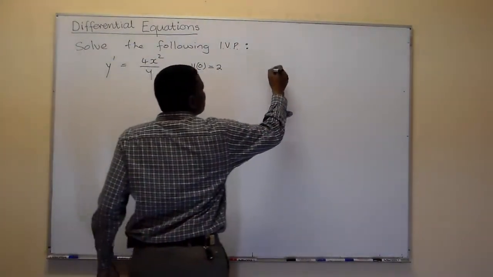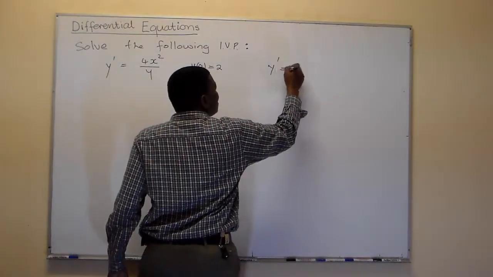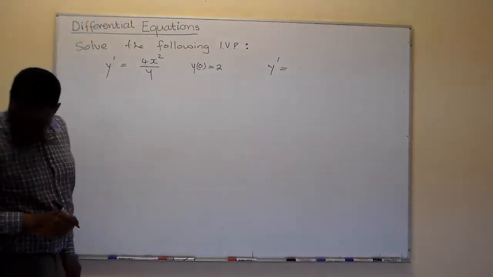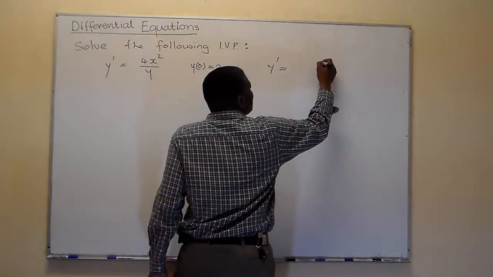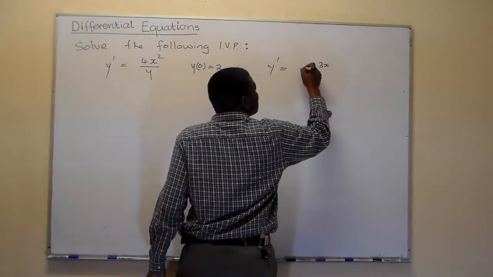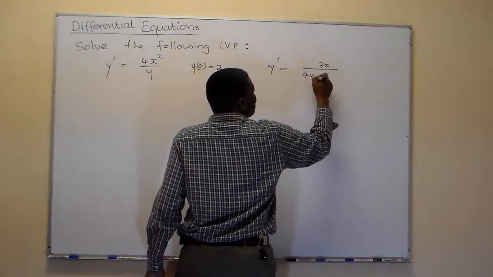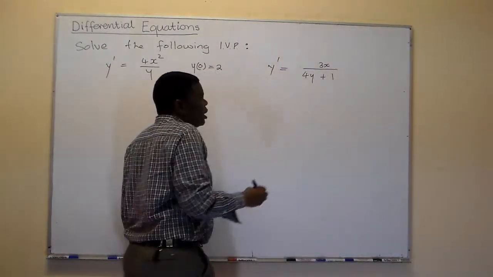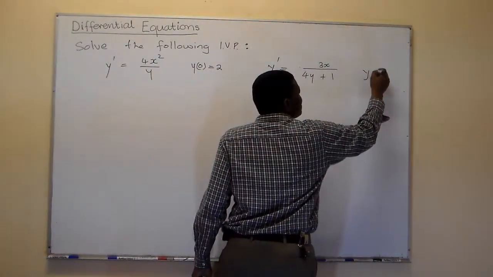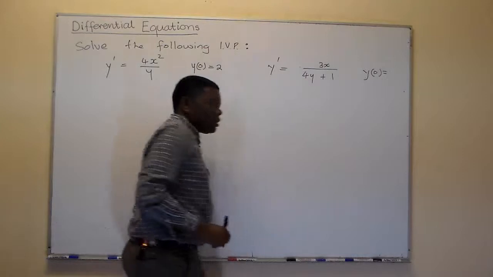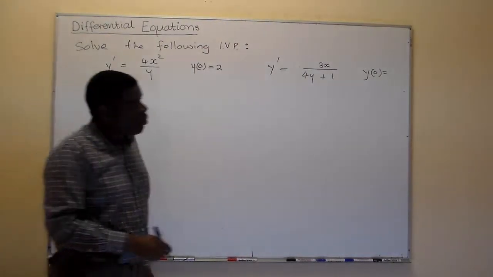The second one, we've got y prime equals 3x over 4y plus 1, and we're given that y at 0 is equal to 4.